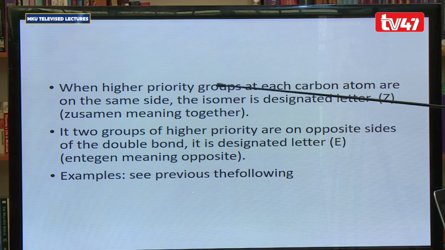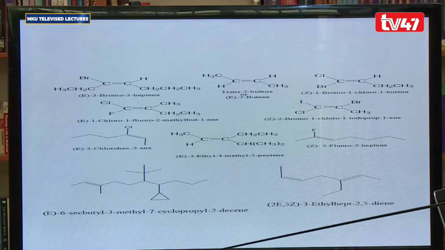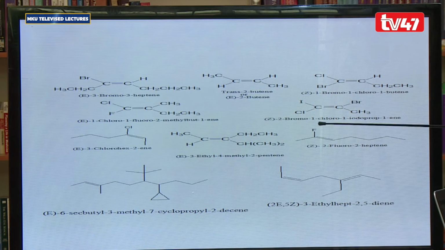It is based on priorities, and priorities are based on relative atomic mass or relative molecular mass: the higher the mass, the higher the priority. So let's look at this simple example.